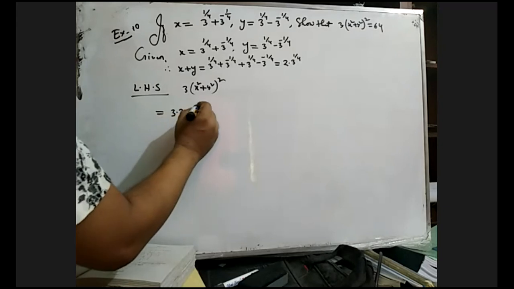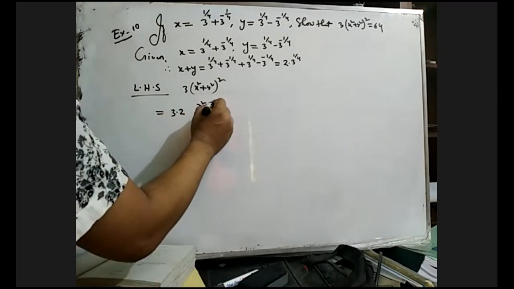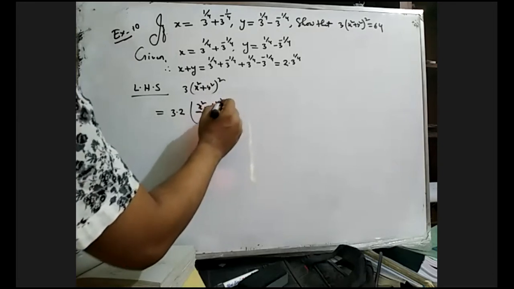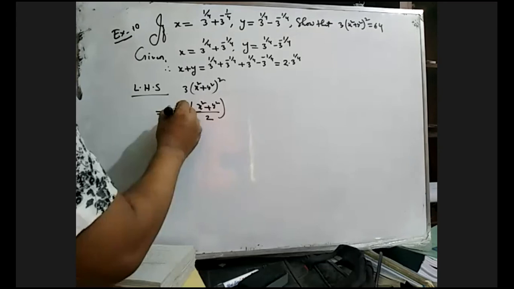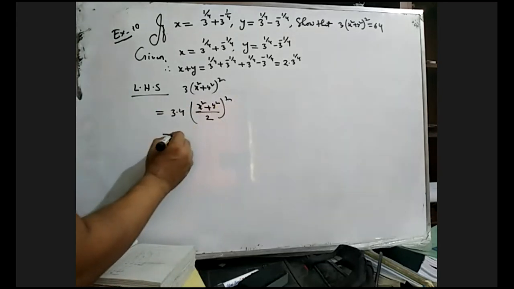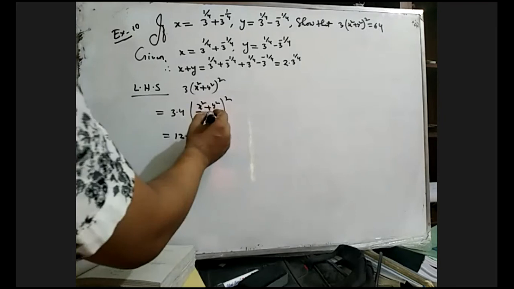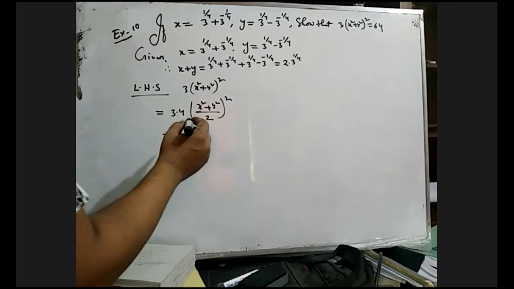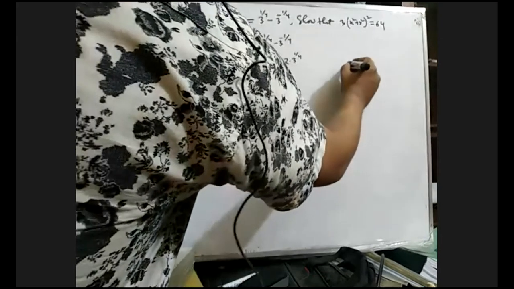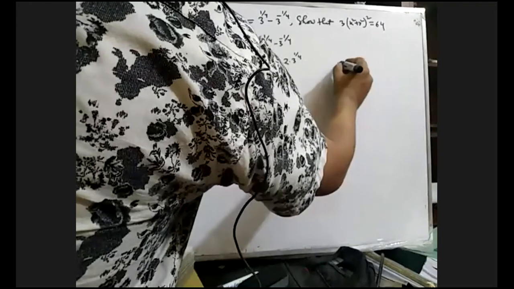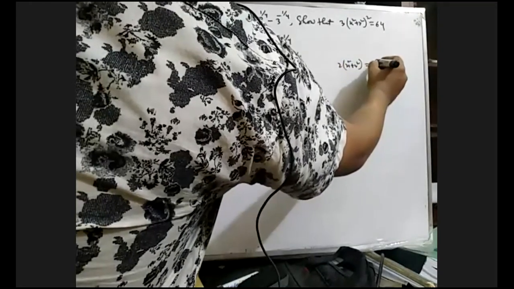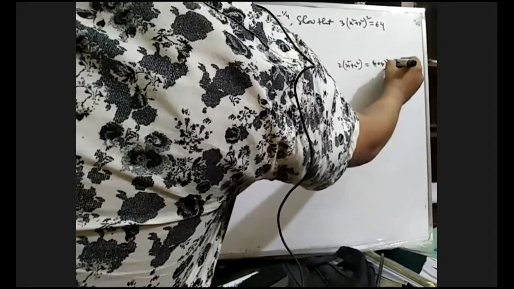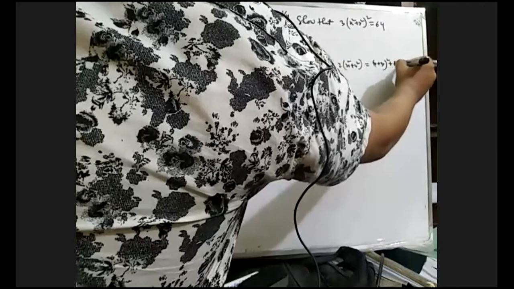What is the x square plus y square formula? 2 into x square plus y square equals x plus y whole square plus x minus y whole square, right?